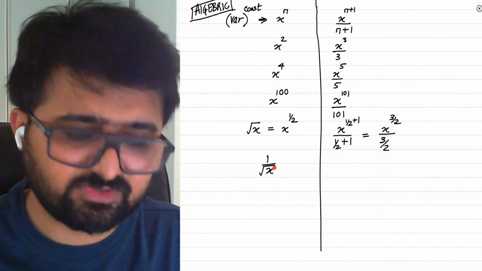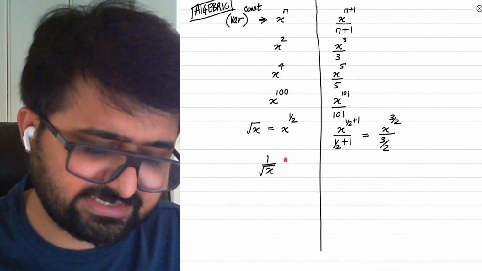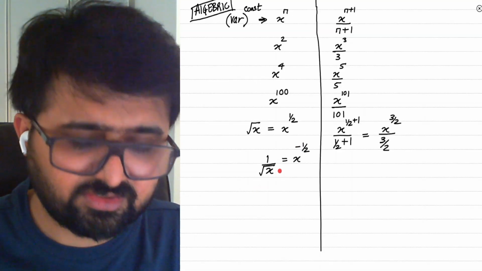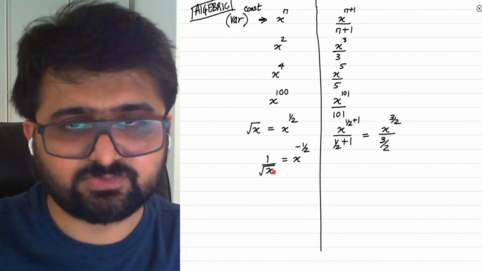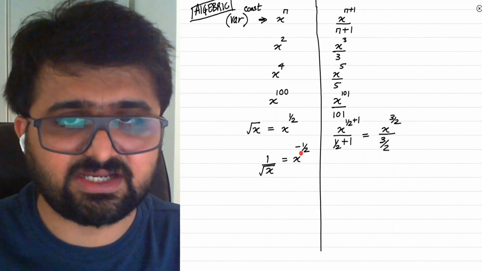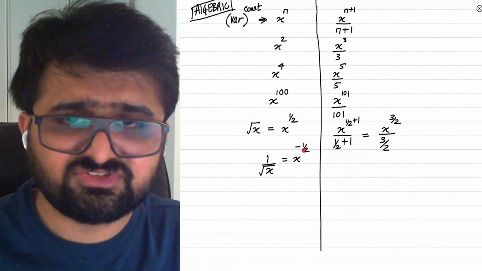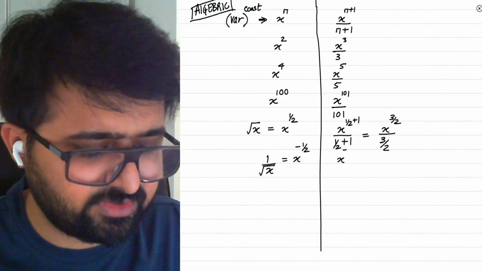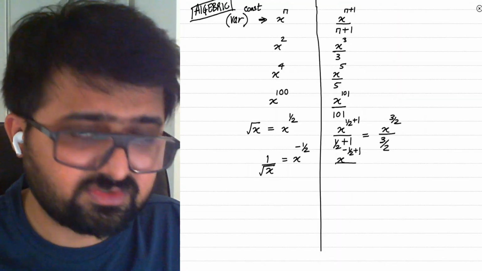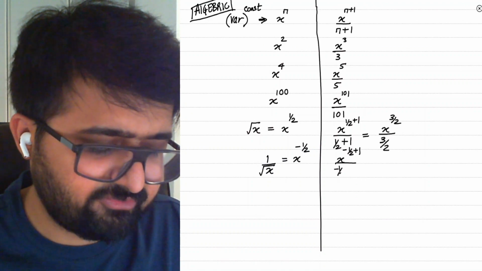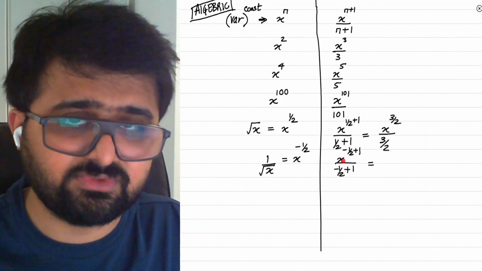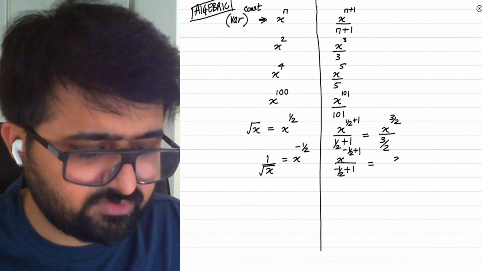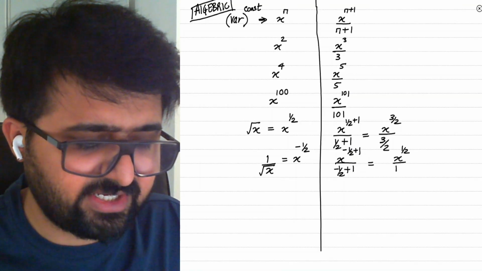Let's take another standard example, which is 1 upon square root of x. By the law of indices, 1 upon square root of x can be written as x to the power minus half. Same logic can be applied. Increase that power by 1, so x to the power minus half plus 1 divided by minus half plus 1, which is x to the power half divided by half.